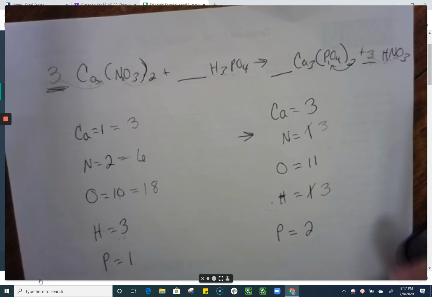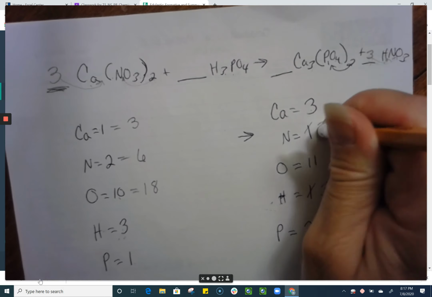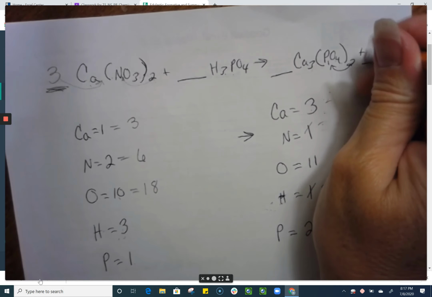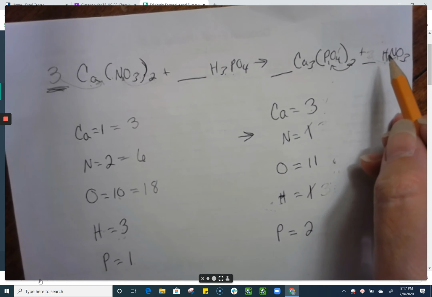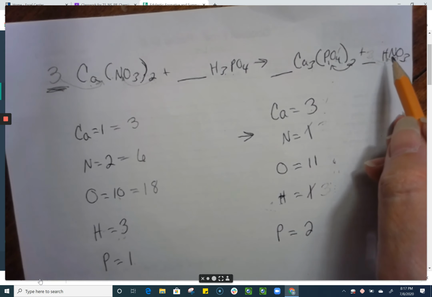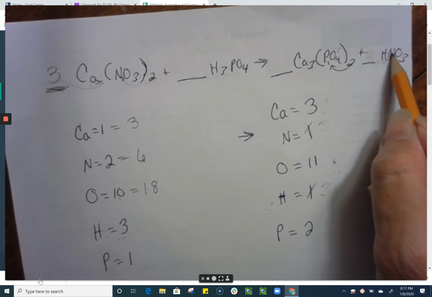So what I'm going to do is I'm going to jump out here, and I'm going to go from a 3. If I leave it a 3, that means I have 3 nitrogen.